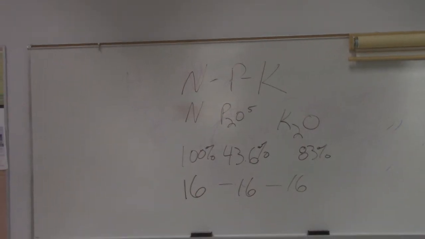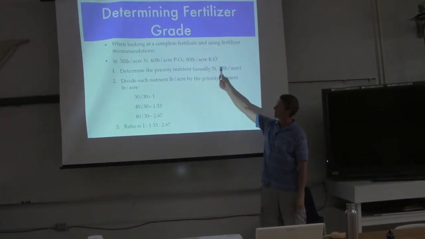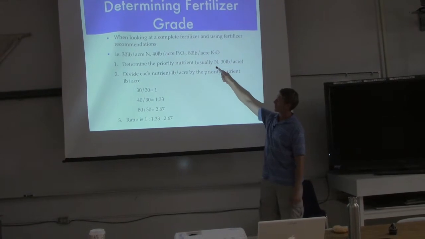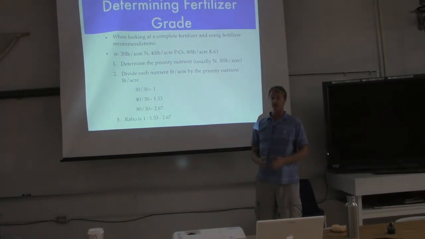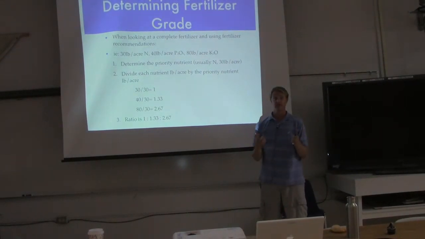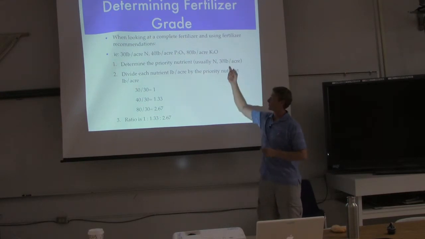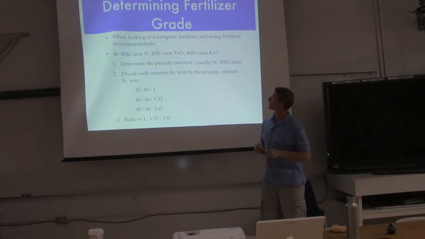Nine times out of 10, it's nitrogen. So most of the time, when we're trying to figure out what our primary nutrient is, the one we're trying to meet first is going to be nitrogen. So let's figure out what the priority nutrient ratio is.